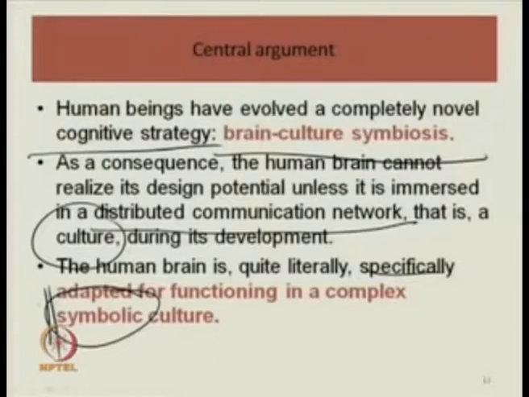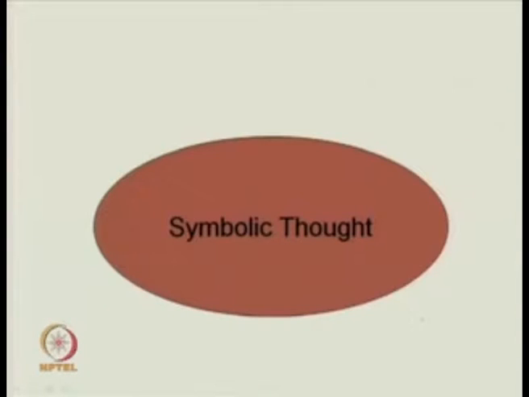So let's read again. The human brain is quite literally, specifically adapted for functioning in a complex symbolic culture. As I said, symbolic thought, if not thoroughly, completely peculiar to us as a species, is still something that has allowed us to have a very complex culture and very complex forms of knowledge, beginning with the alphabet and the number systems.